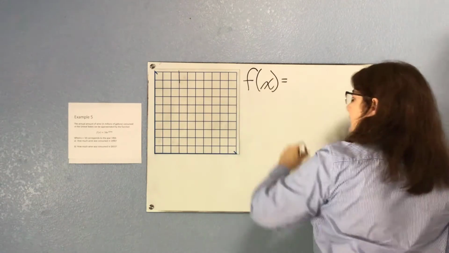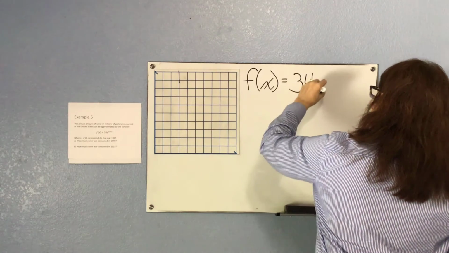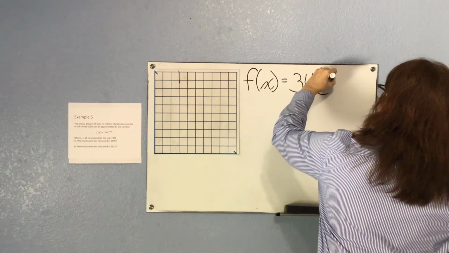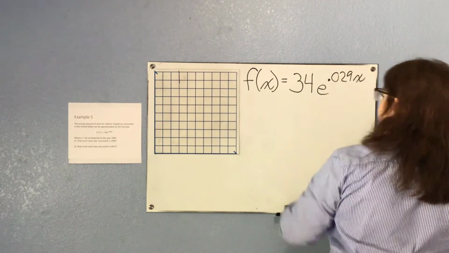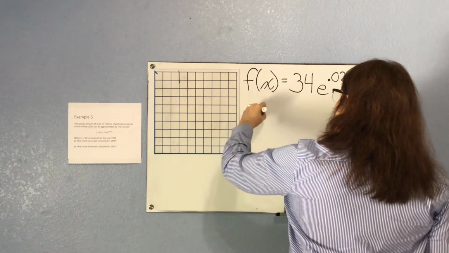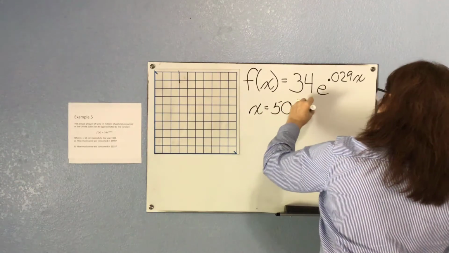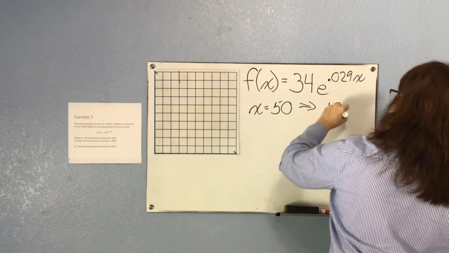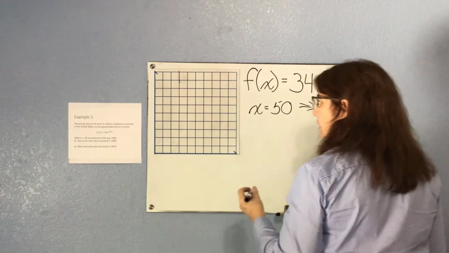F of x is equal to 34 e to the 0.029 x. And x equals 50 corresponds to the year 1950.